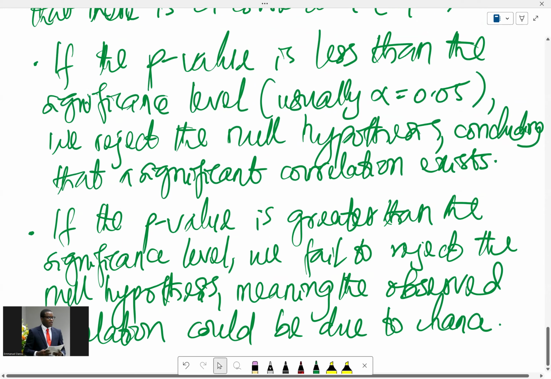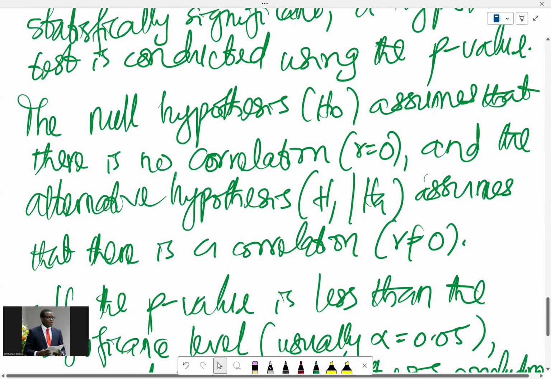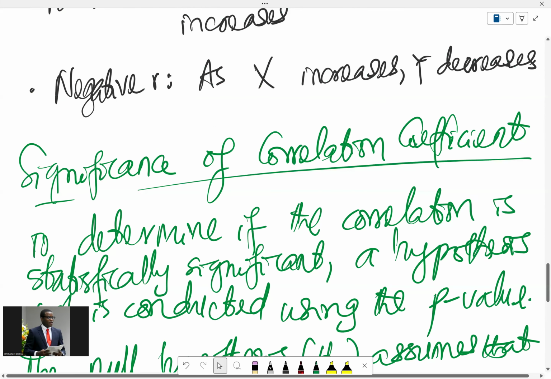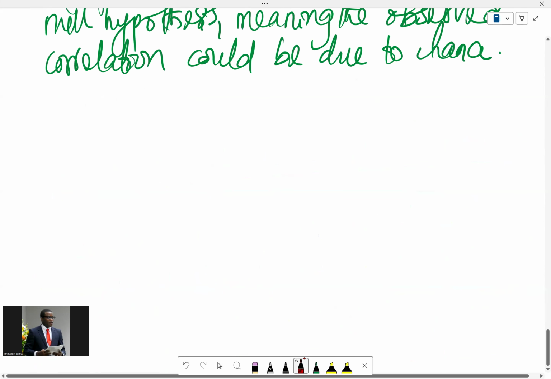Okay, so that's how we test for significance, and we're going to see all of that in action in a moment. So let's talk about examples.